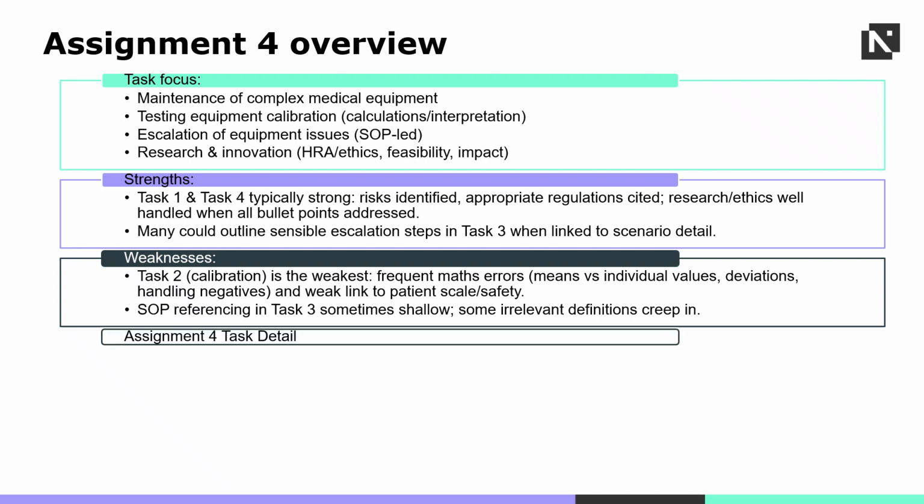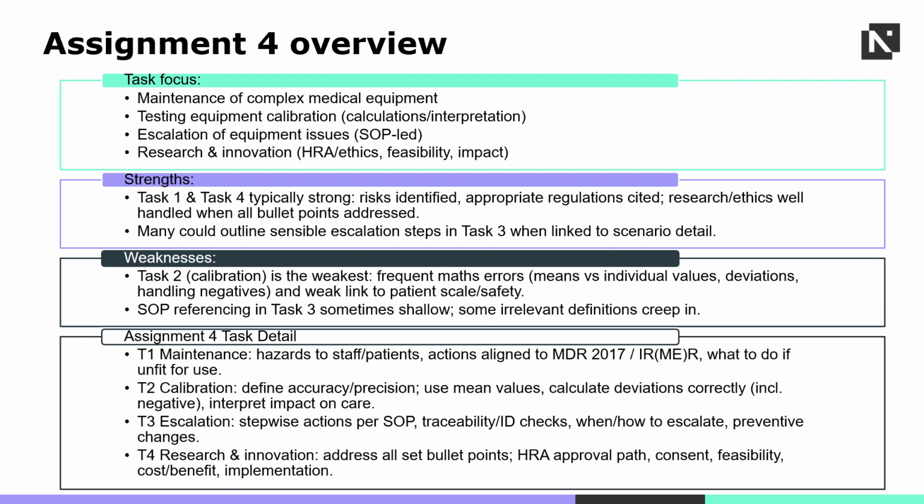So let's look at the last series in a bit more detail. In task 1, maintenance, expect hazards to staff and patients, references to MDR 2017 or IRMER 2017, and a clear plan if equipment is unfit for use. In task 2, calibration, define accuracy versus precision, calculate with the mean, handle negative deviations correctly, and explain what the results mean for patient care.